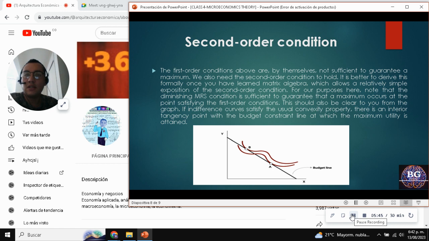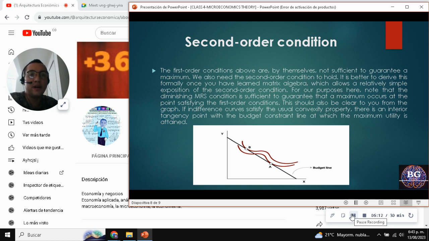Second order condition. The first order conditions above are by themselves not sufficient to guarantee a maximum. We also need the second order condition to hold. It is better to derive this formally once you have learned matrix algebra, which allows a relatively simple exposition of the second order condition.